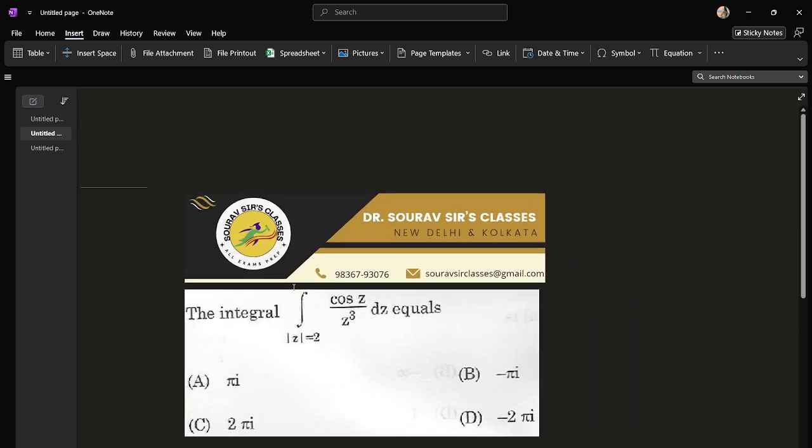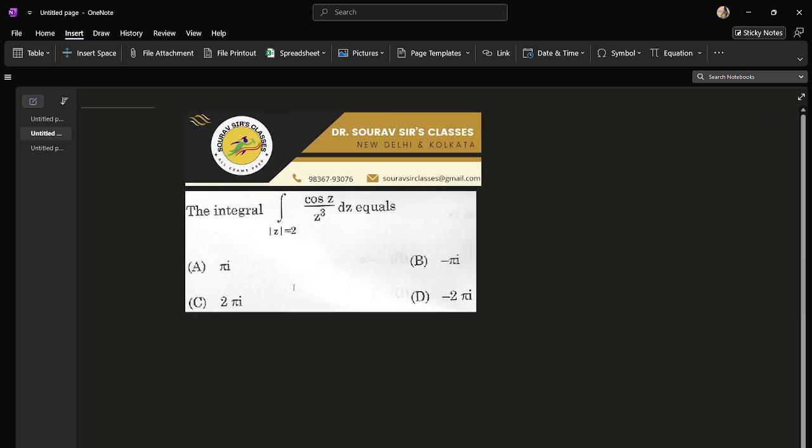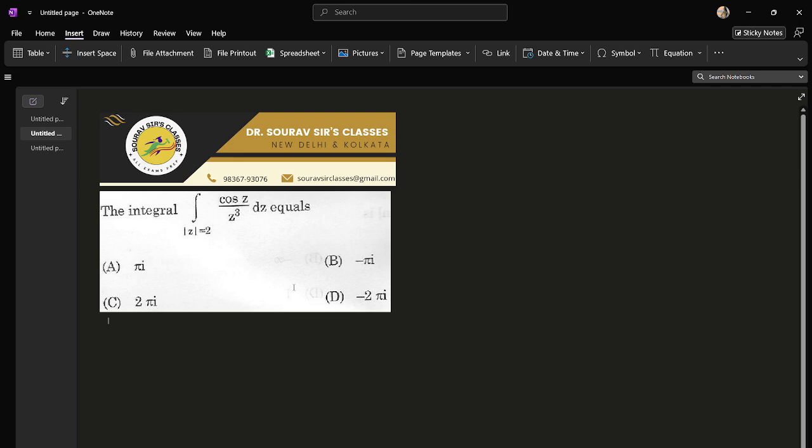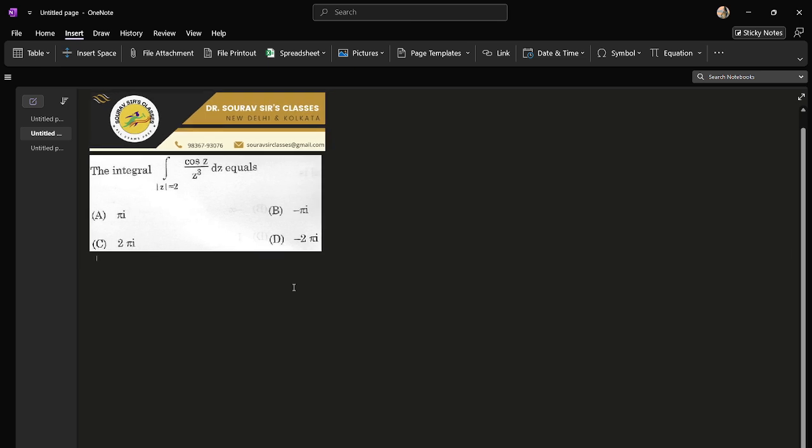So now we are going to solve a problem which appeared in the PUMDET in the year 2024. The question asks: the integral of cos z by z cube dz, where our domain is mod z equals 2, equals what?